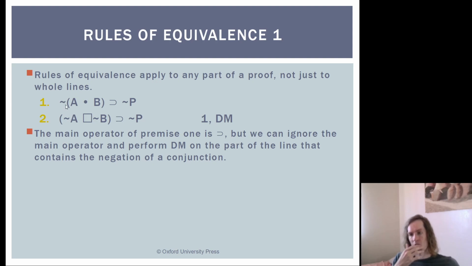Because the major operator in the antecedent of the conditional in line 1 is the negation, applying to this conjunction of A and B, and we're changing this entire thing to a disjunction between not A and not B, we need to make sure that we put parentheses around the entire thing to show that it is this entire formula that is the antecedent of this conditional and maintain that it's a well-formed formula. Very important to remember what to do with the parentheses there.